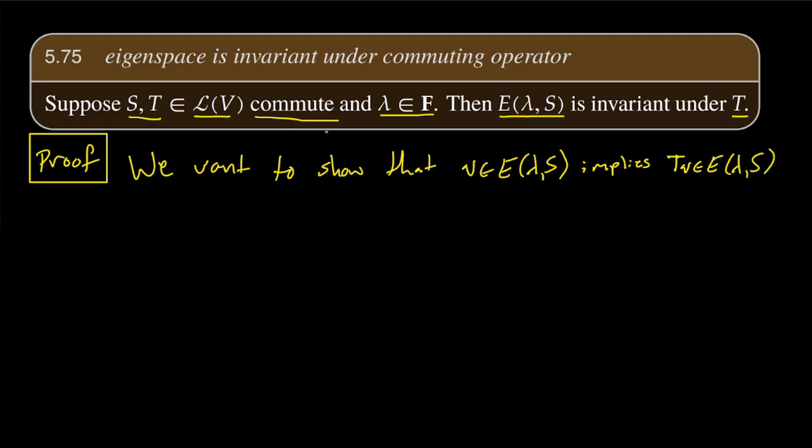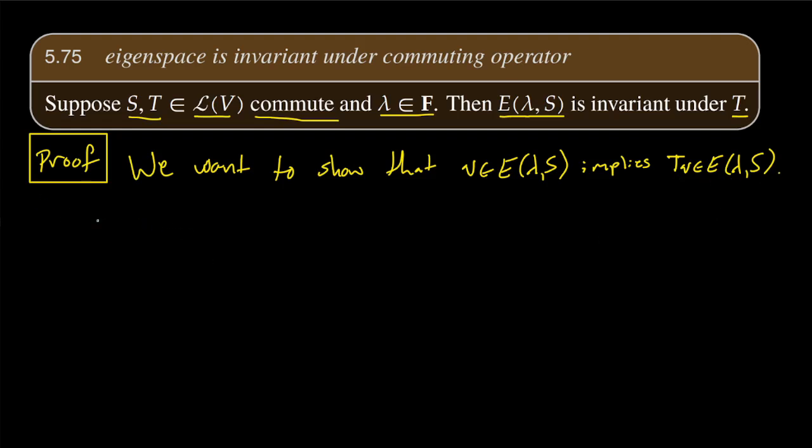That is, we want to say that if we start with an element of the eigenspace associated to lambda for S, then we map it through T, we get back something in that same eigenspace.